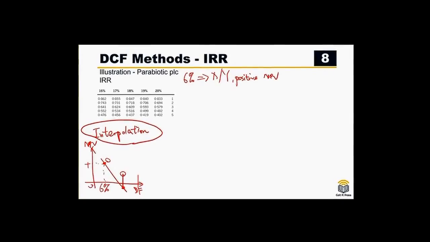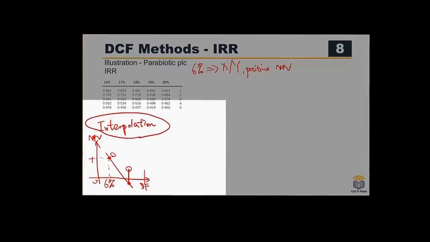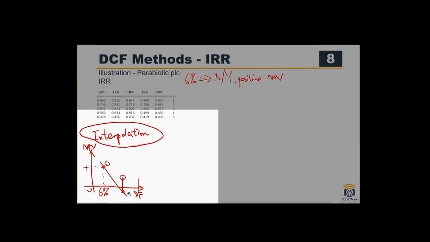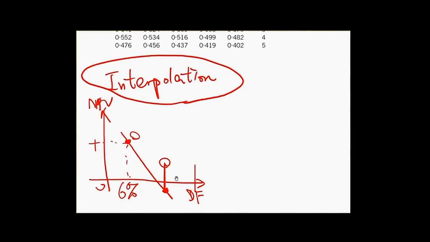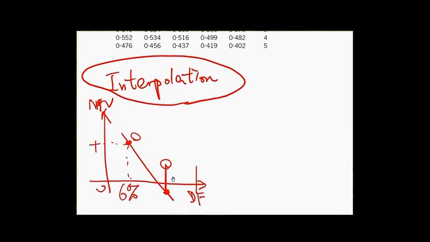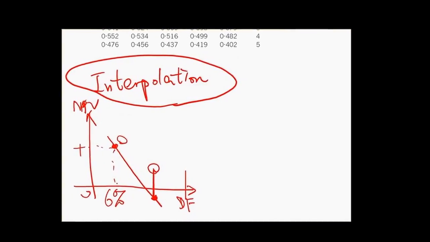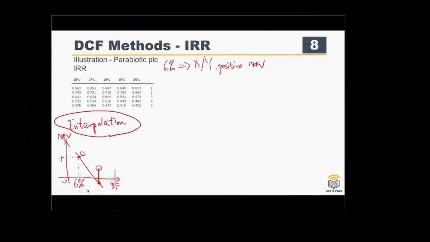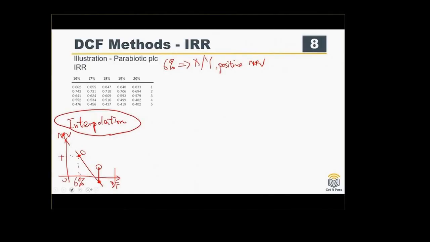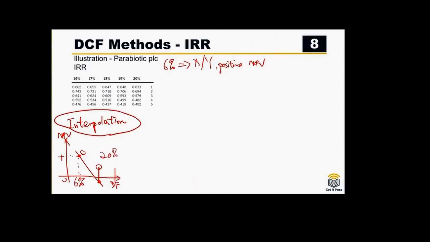So I assume 20%. It is a wild guess, which should make both projects have a negative NPV.